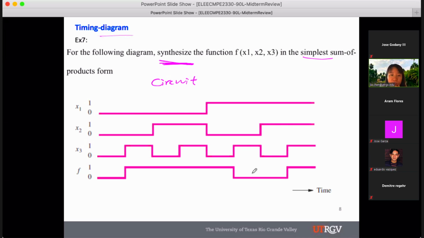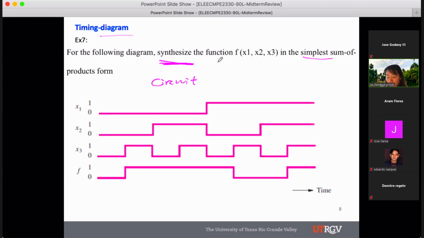This timing diagram basically gives you the truth table. Based on the truth table, you can get the K-map or Boolean algebra, then simplify that and then synthesize. This solution can also be found in last year's exam.